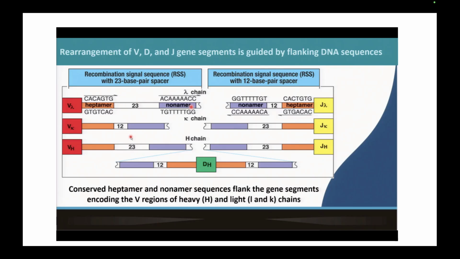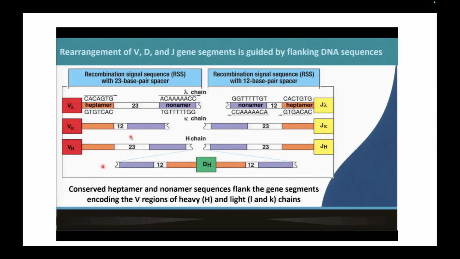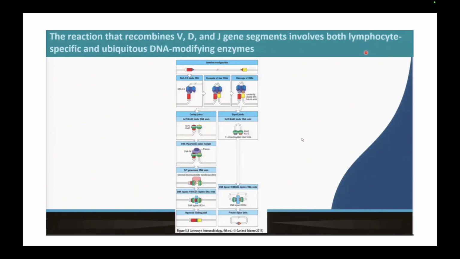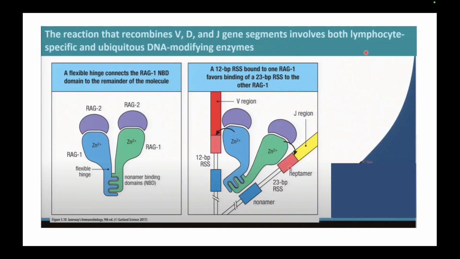I will not go into the details, but that is the basic thumb rule for the joining of VDJ segments. This is the rearrangement, where gene segments are guided by flanking DNA sequences. All these things we have discussed individually; today we are just summarizing, so I will not go into the details.